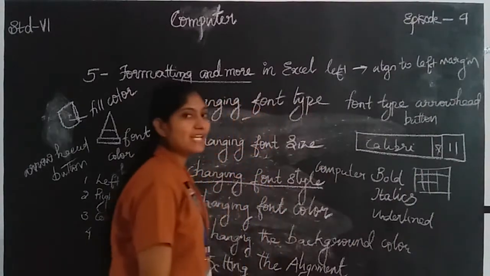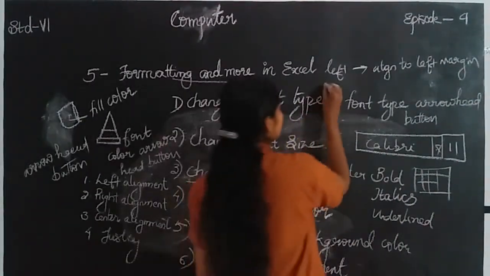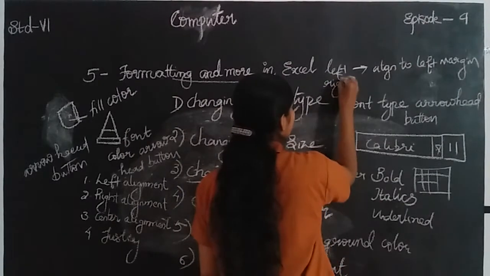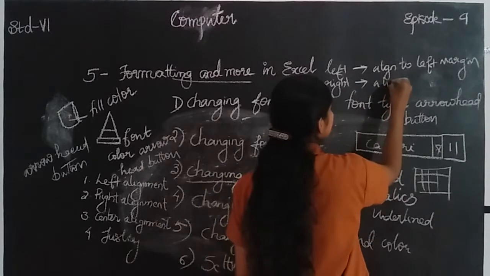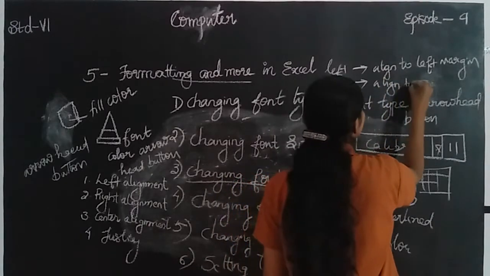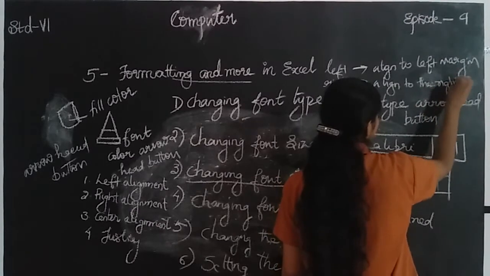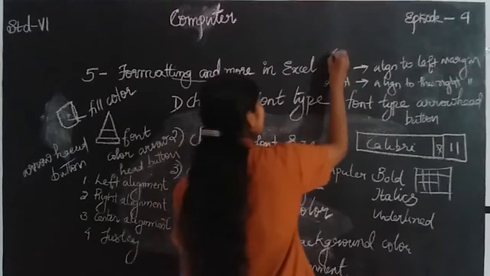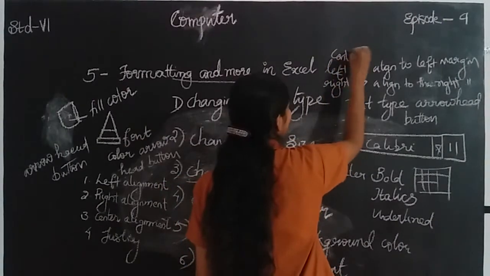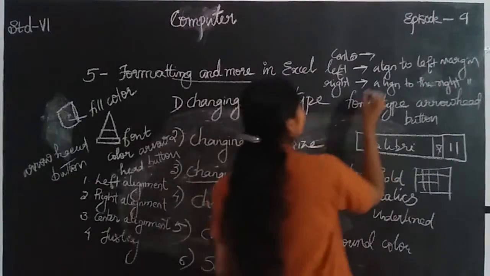Then right alignment means aligned to the right margin. Then center alignment means aligned in between the left and the right margin.